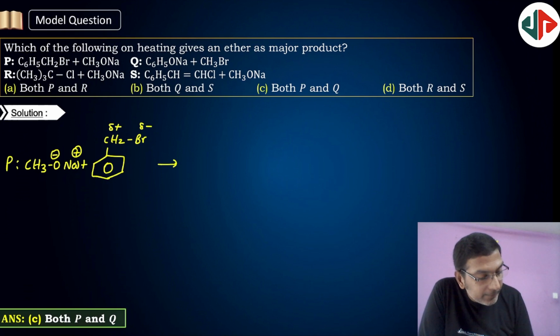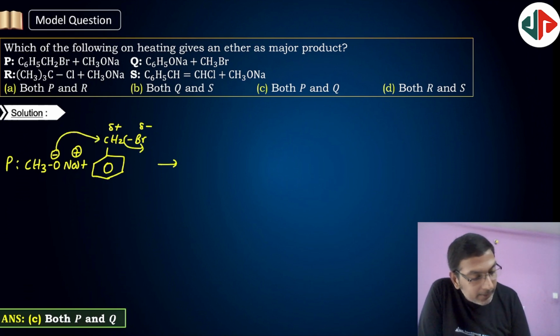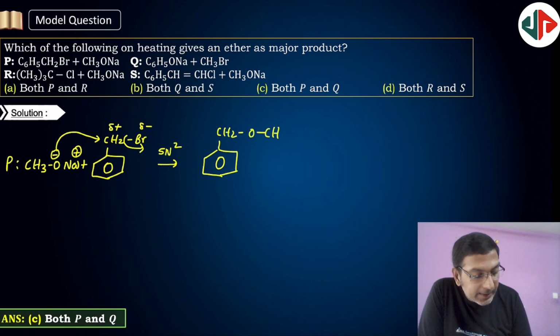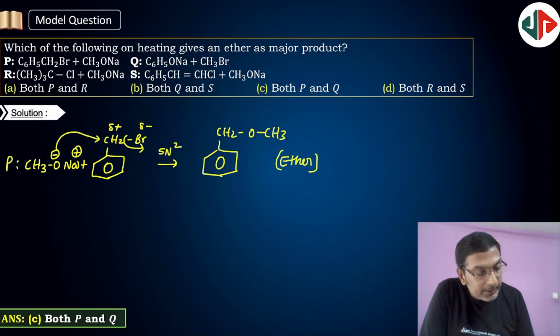This is a nucleophilic displacement, SN2 mechanism. It gives C6H5CH2OCH3, which is an ether. So P gives ether. Next Q.